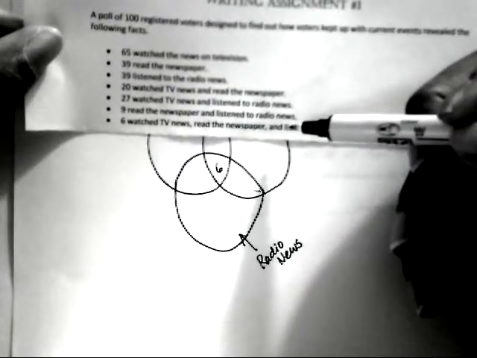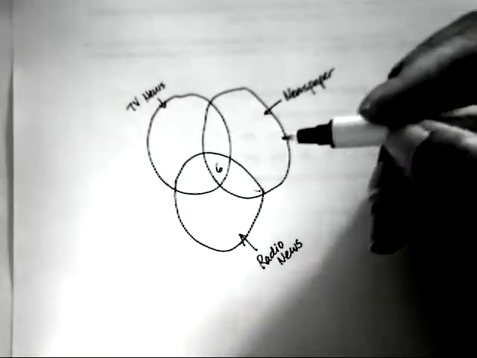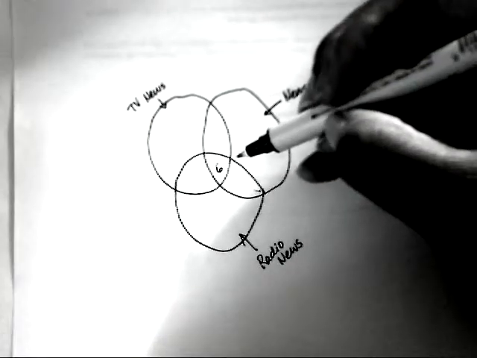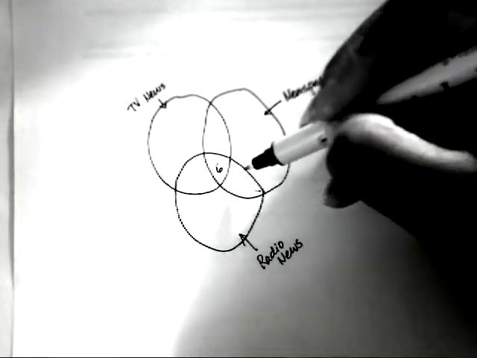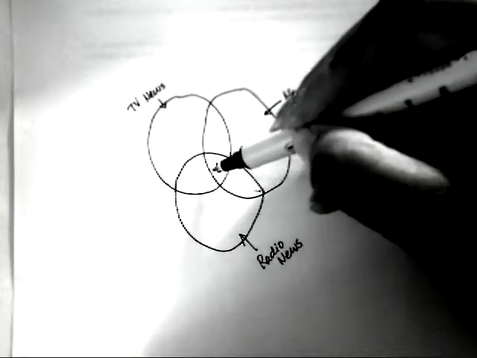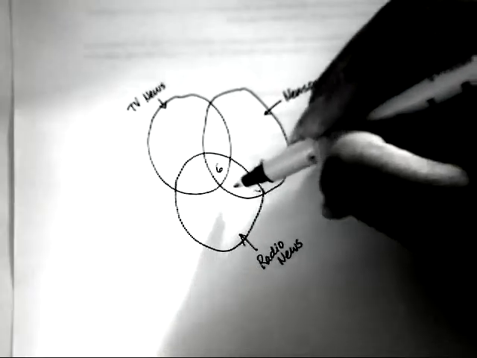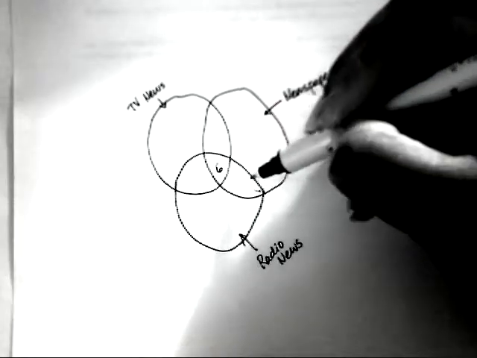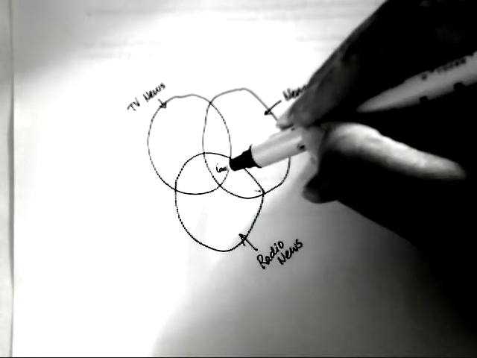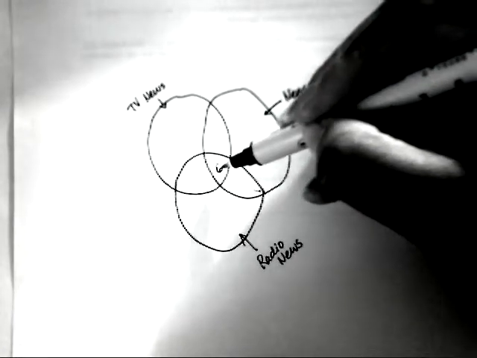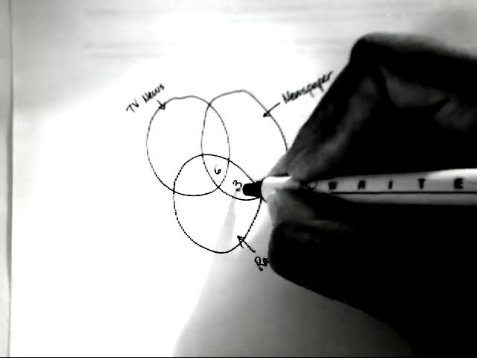And then the next one is 9, read the newspaper and listened to radio news. Let's find the intersection of newspaper, which is going to be this part right here, and radio news. Here's newspaper, and that's radio news. We've already got 6 here, and we say 9 read the newspaper, so let's subtract 6 from 9 to get 3.